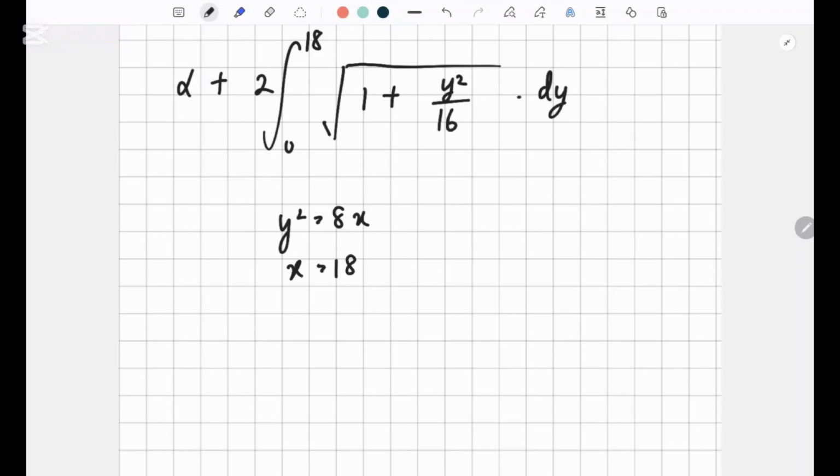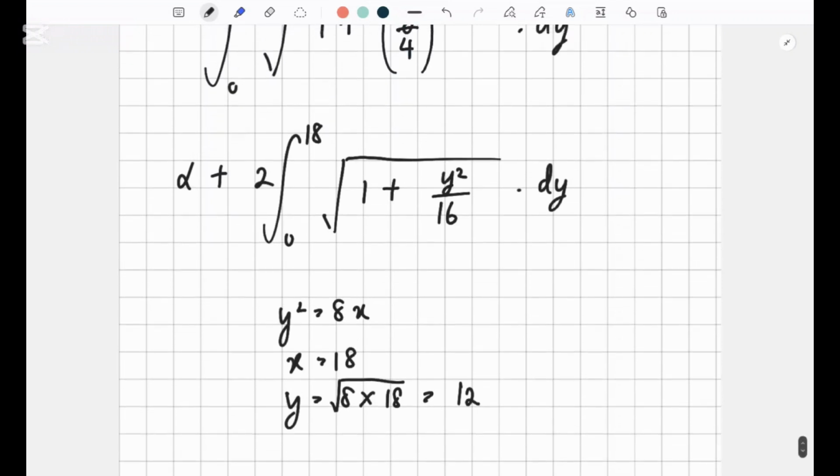So we need to find the y coordinate for x equals 18. So y equals the root of 8 into 18, which gives you 12. But we have one above and one below, right? So alpha is going to be 2 into 12, which is 24. So this is your first part.